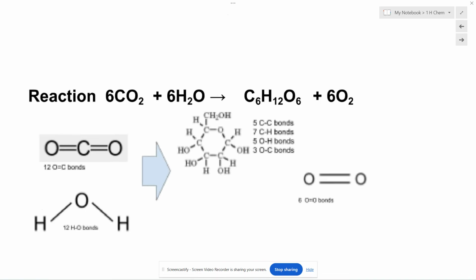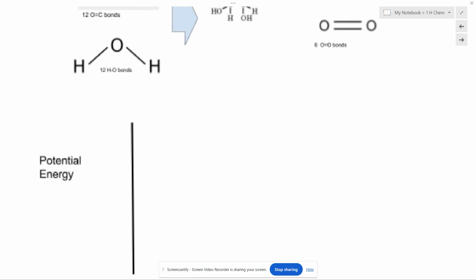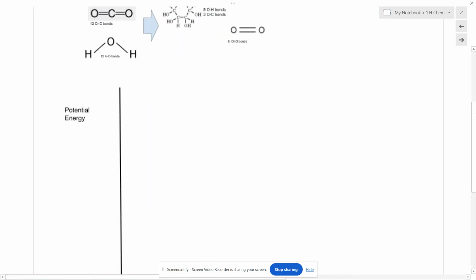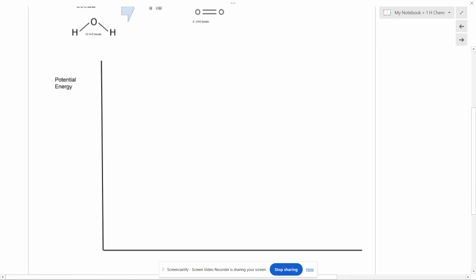This, of course, is photosynthesis. You can estimate the energy captured in photosynthesis. And when I say captured, it's because the reactants are going to have energy that's lower than the products.